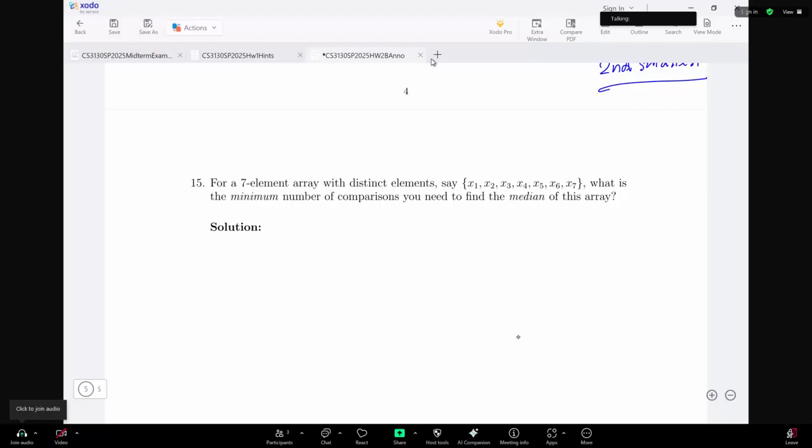What is the minimum number of comparisons you need to find the median of this array? Total 7 elements, so we need to find the median one.